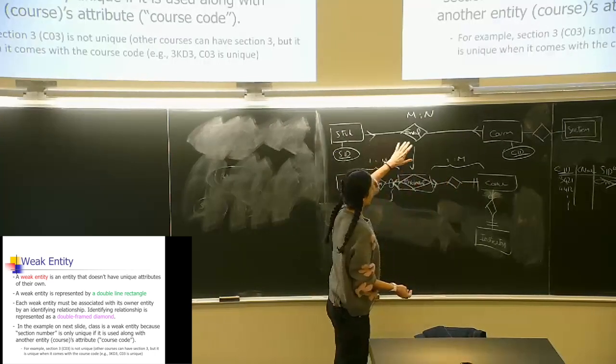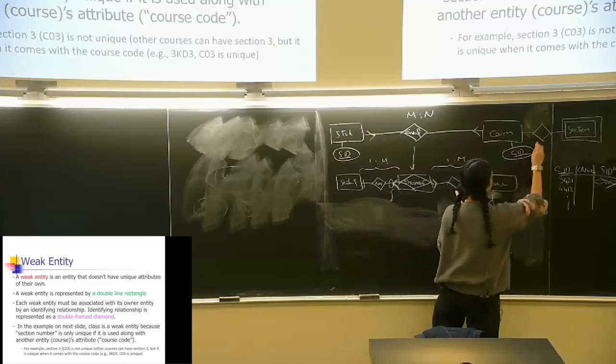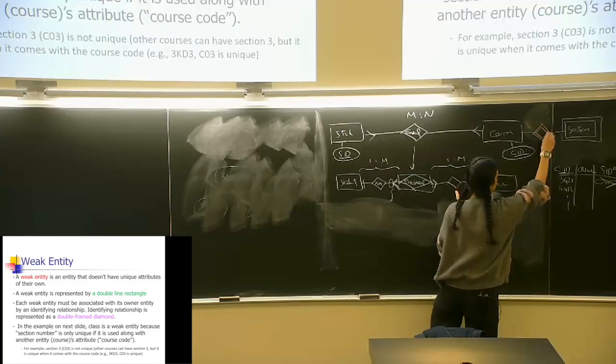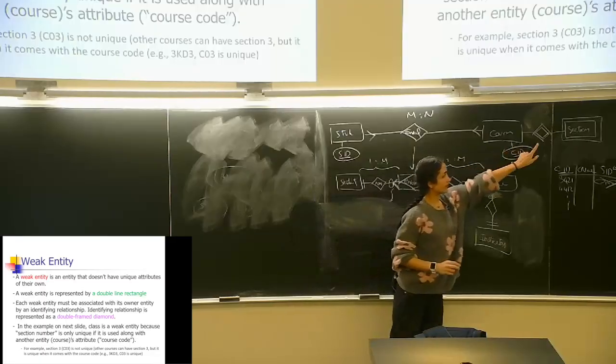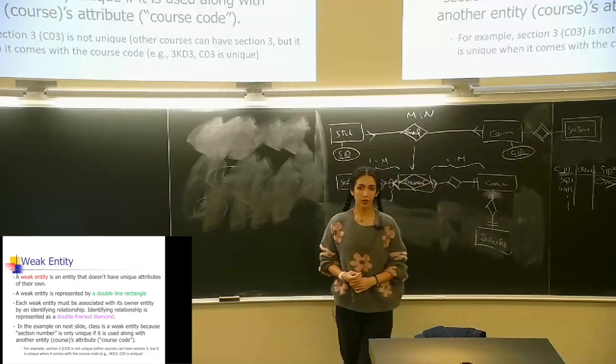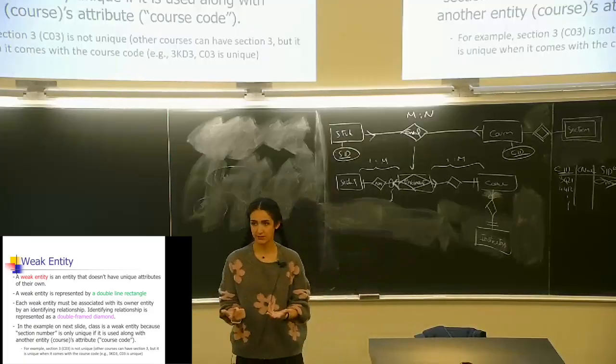While we show regular relationships with a diamond, you have to show this one with a double line diamond. So this is called an identifying relationship. We always use identifying relationships whenever we have weak entities, right?